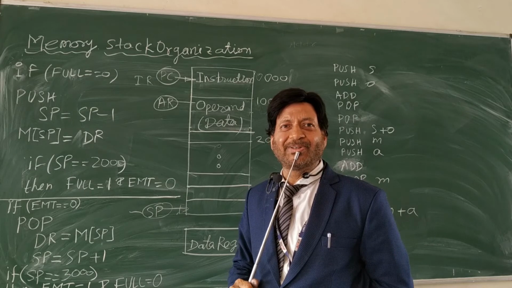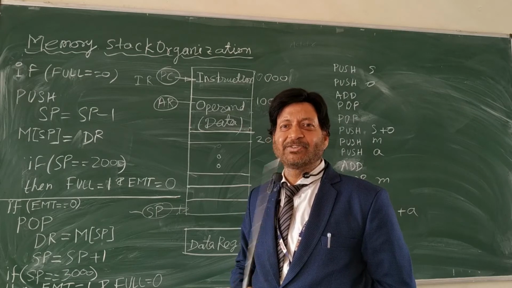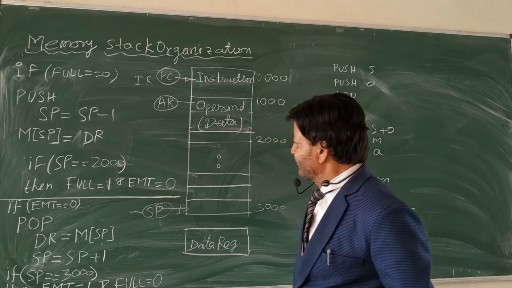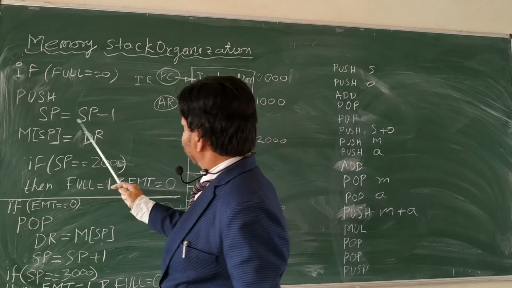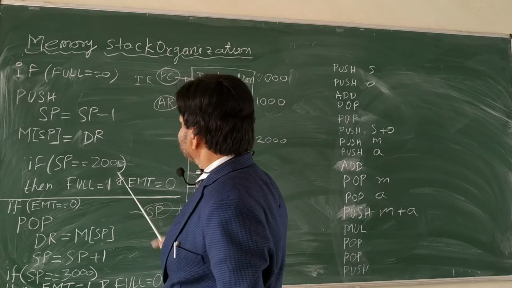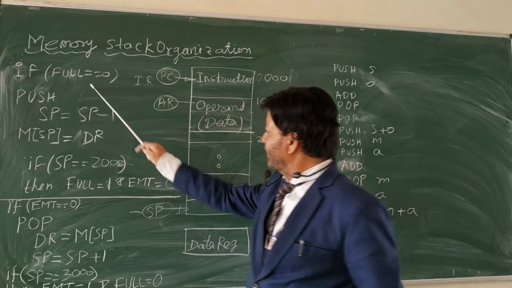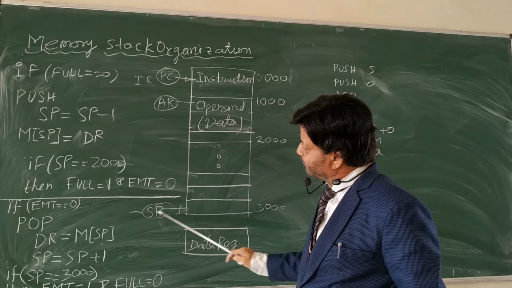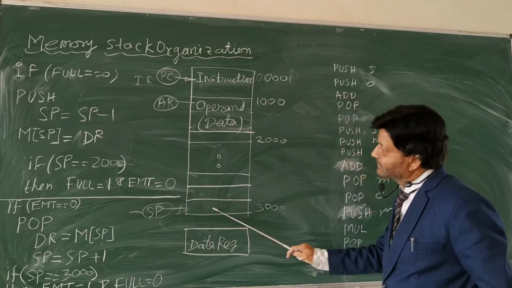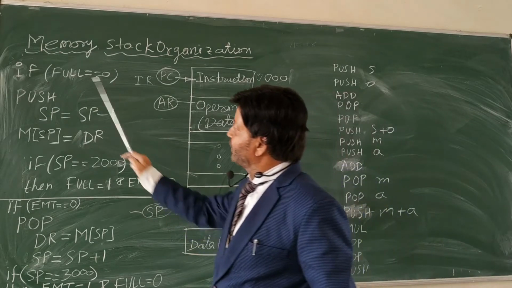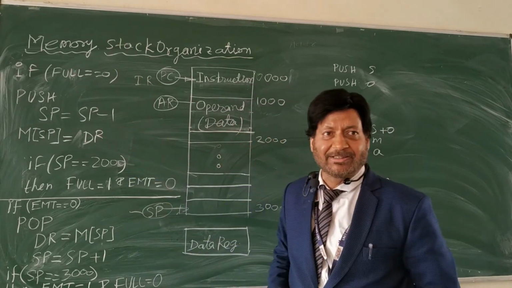Will you get full is equal to 0? Yes, you will get full is equal to 0. If your stack pointer is pointing to this memory location, your stack will not be full. Your stack is empty basically.